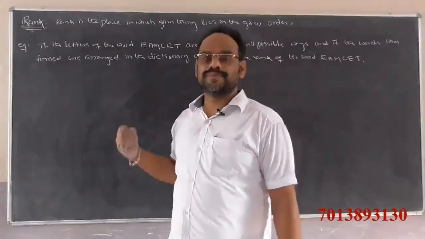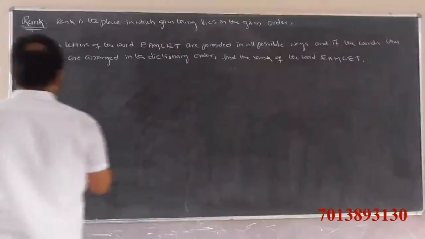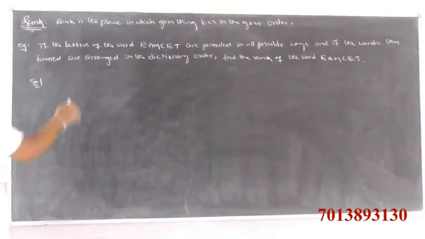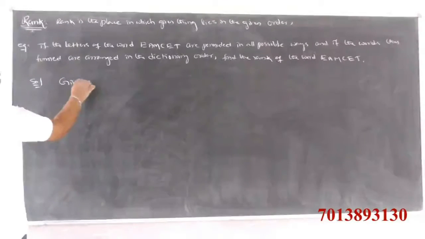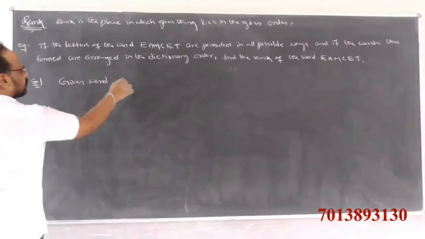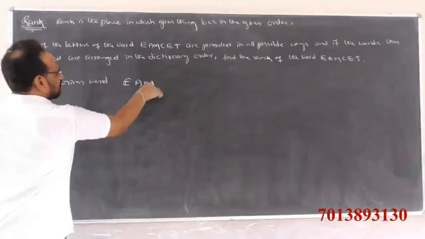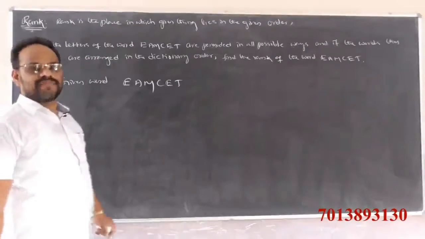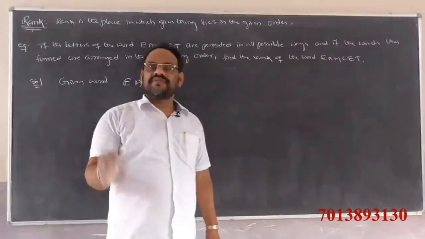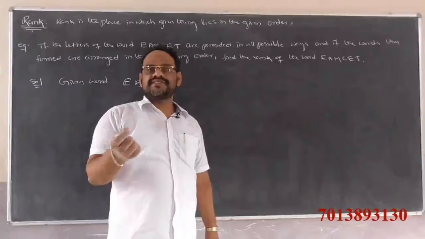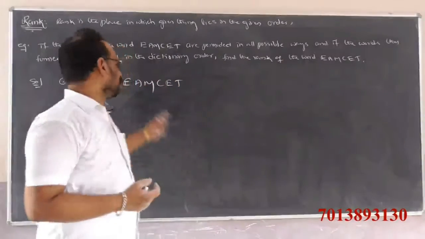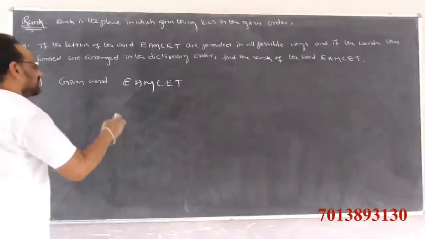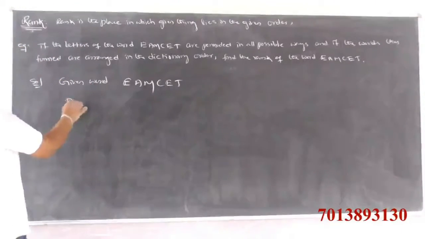These kinds of problems, observe the solution. First write in dictionary order. The given word is unsaid. First we discuss the formal method, afterwards we discuss the shortcut also. What is the dictionary order?